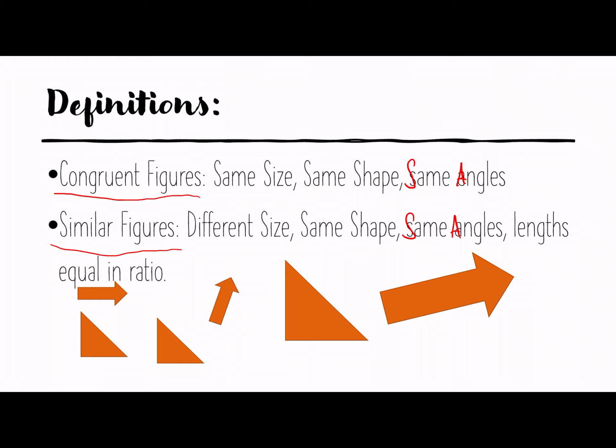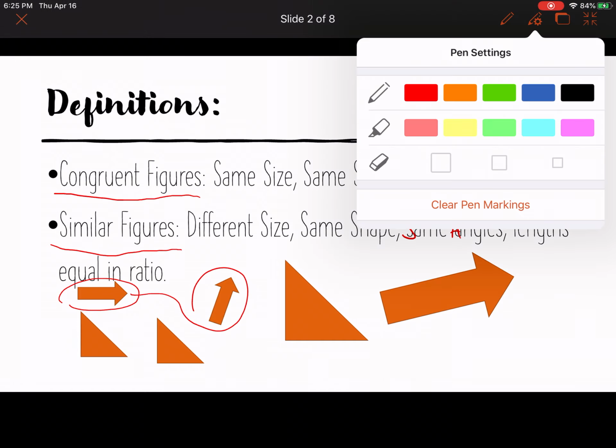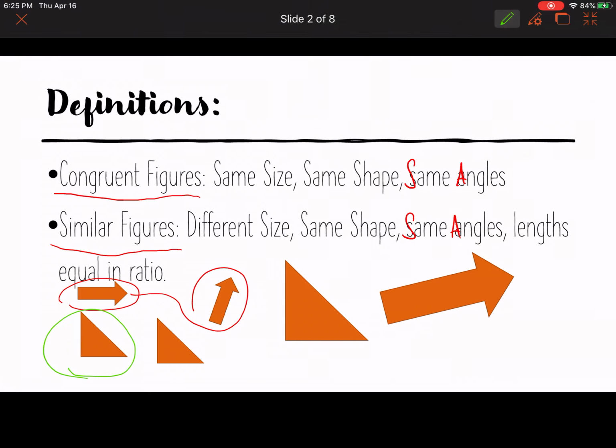So they don't have to be angled the same way or on top of each other. So this one and this one are congruent figures. This one and this one are congruent figures. And you could change them so that they're pointing in any direction, all twirled around, as long as they have all the same sizes.